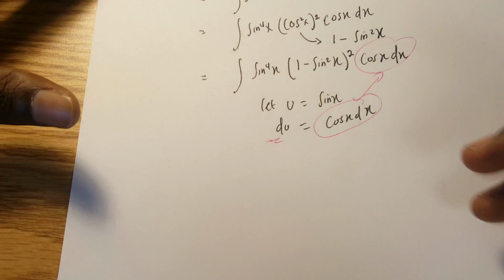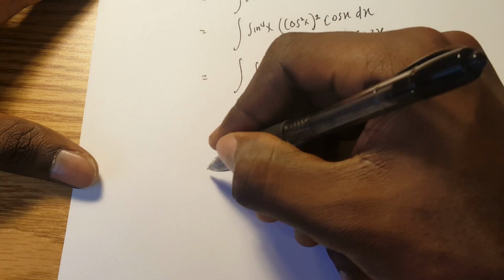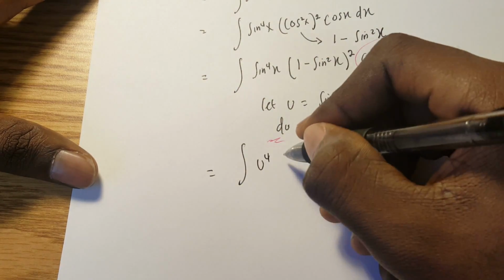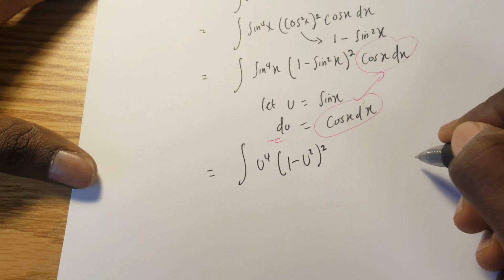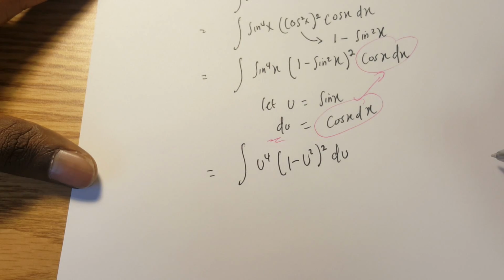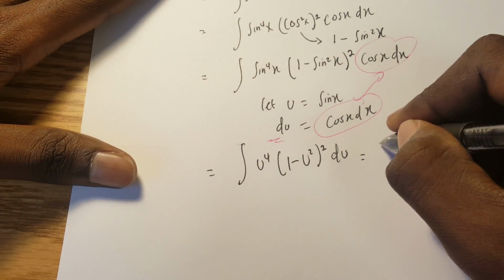Now we're just going to replace sine x with u. We're going to have u to the fourth times 1 minus u squared all squared, then du. This is simple algebra here. Let's open it up.